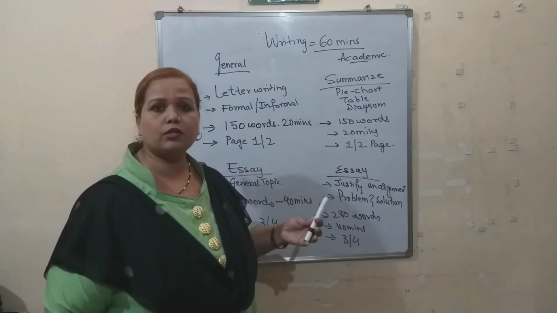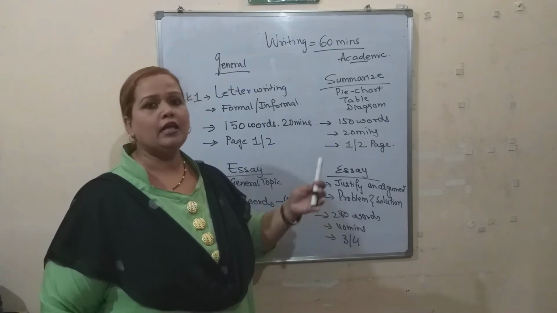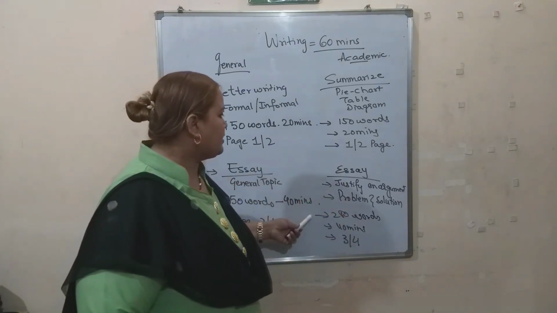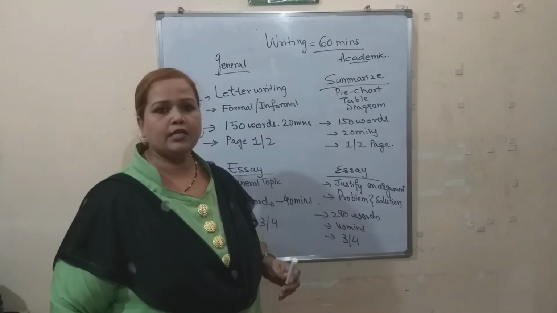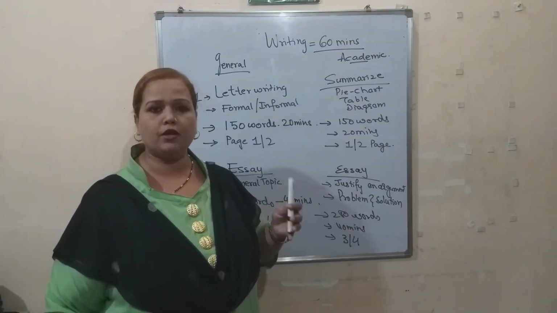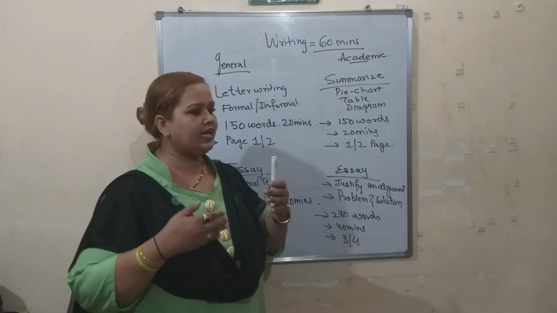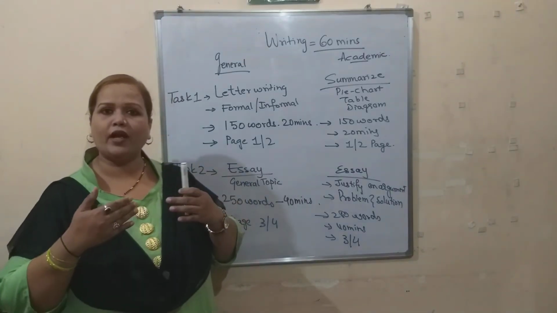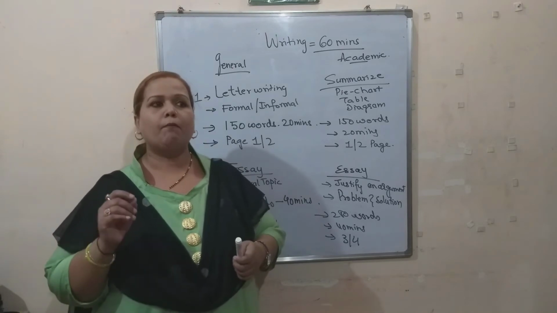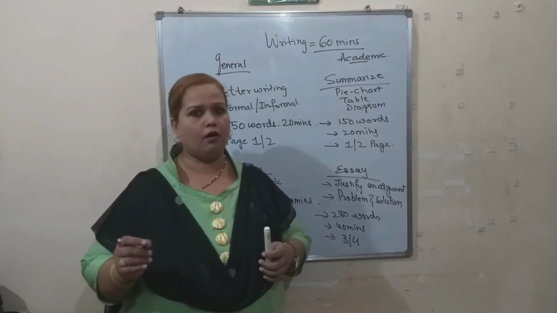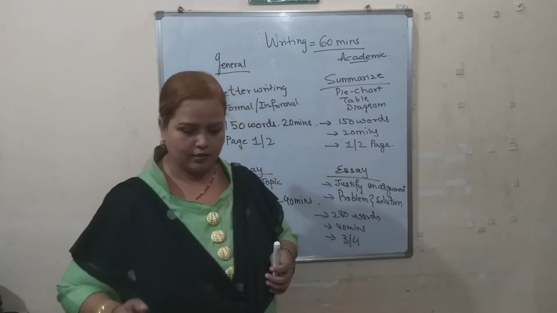It can be anything a candidate needs to explain in deep detail. It also has to be written in 250 words, 40 minutes, on page number 3 and 4. If you write excessively, or even if you write less in the writing module, you are marked down, or you have to pay the penalty for that, right?